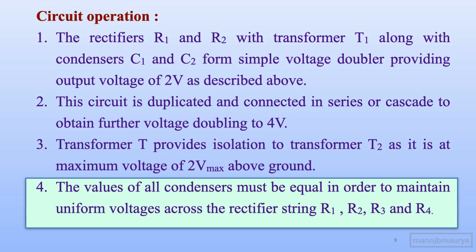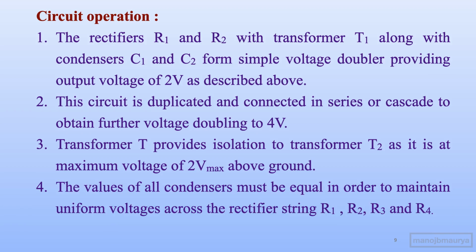The values of all the condensers that are used in the circuit must be chosen equal in order to maintain uniform voltage distribution across all the rectifier strings R1, R2, R3 and R4.